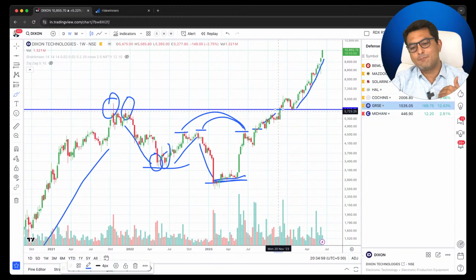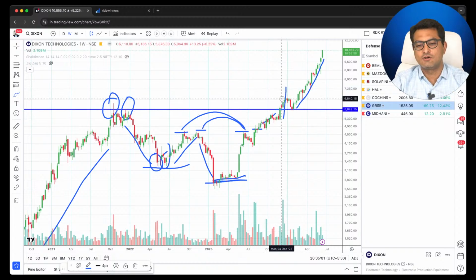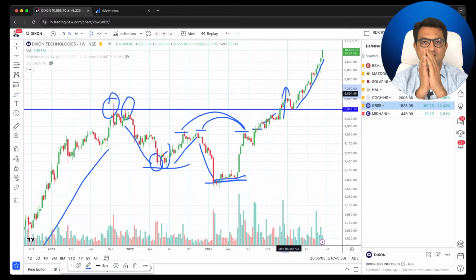And by the way, when the price crosses this resistance, there is a rule of polarity, which means your previous resistance becomes your support. It's like Amitabh Bachchan and Dharmendra in Sholay. If there is a katti, then once you patch it up, now there is a friendship and you help each other.